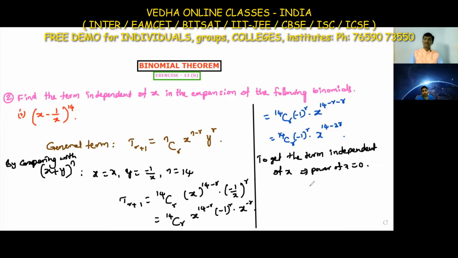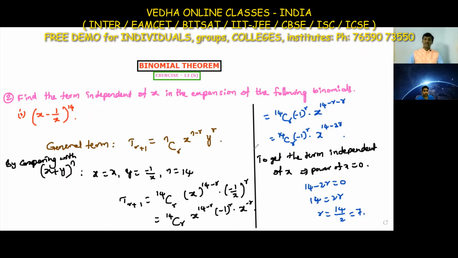So 14 minus 2r is equal to 0. 14 is equal to 2r, and r is equal to 14 by 2, that is equal to 7.